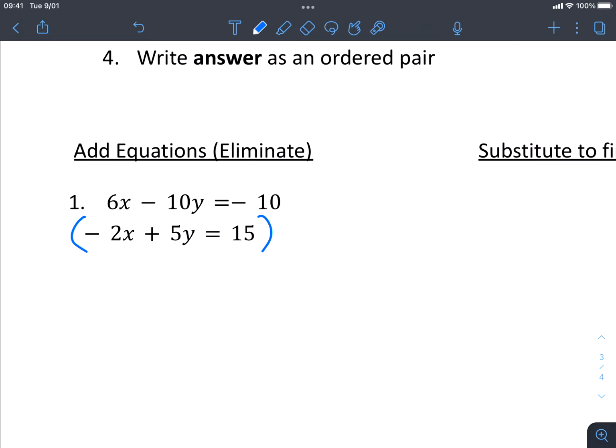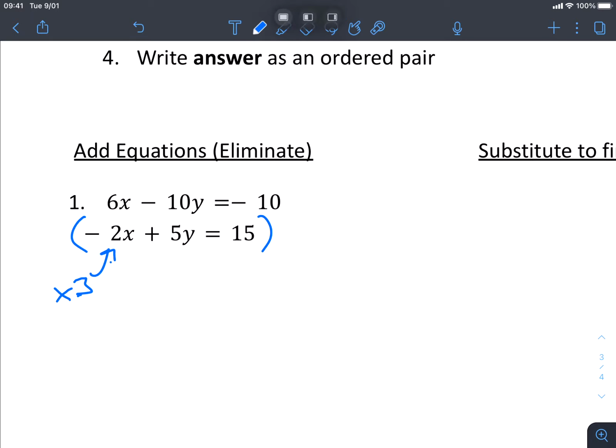They need to be additive inverses or opposites. So if I have positive 6 and I want to make negative 2 into negative 6, I would need to multiply negative 2 by 3. The problem is that I can't just multiply one term in the equation by 3. I have to multiply the entire equation by 3.